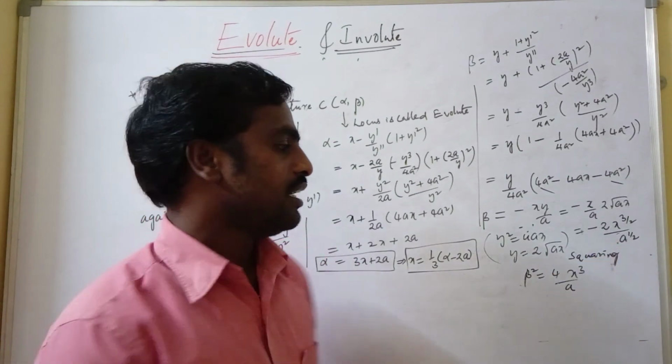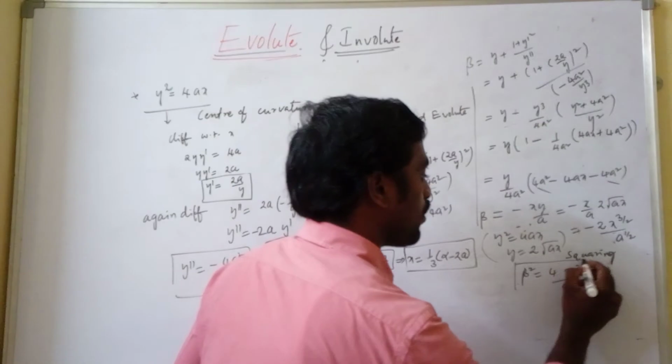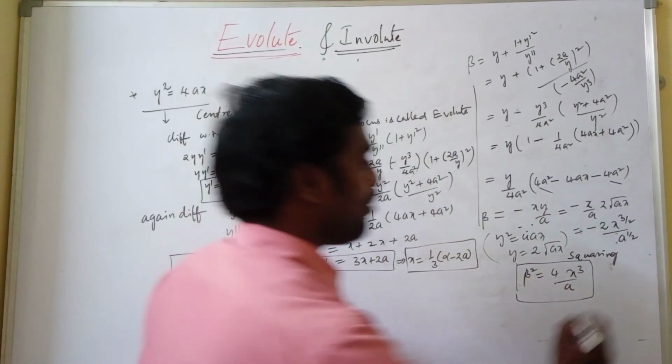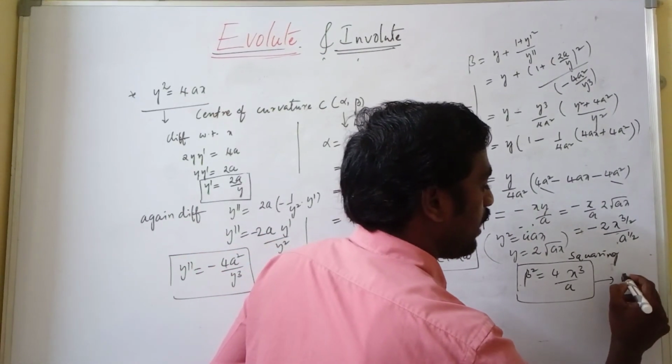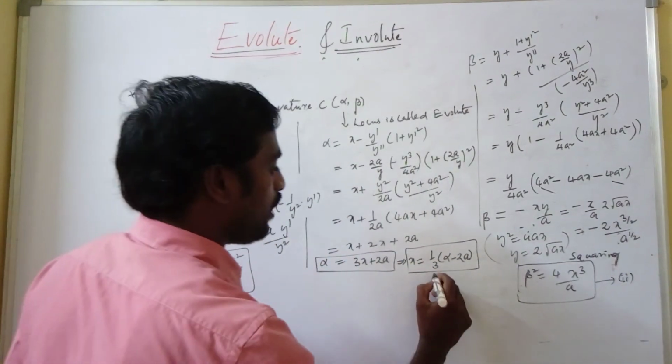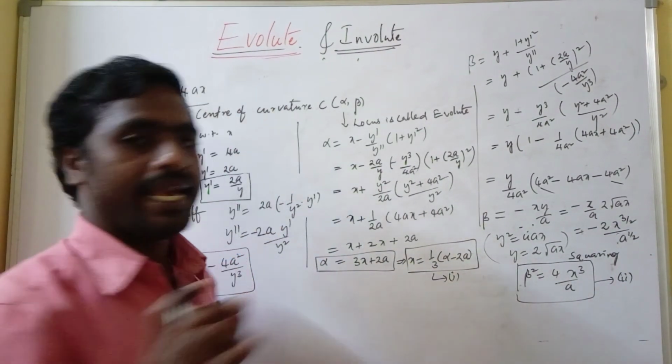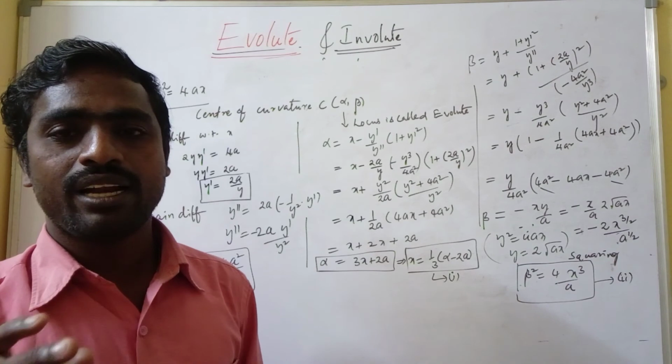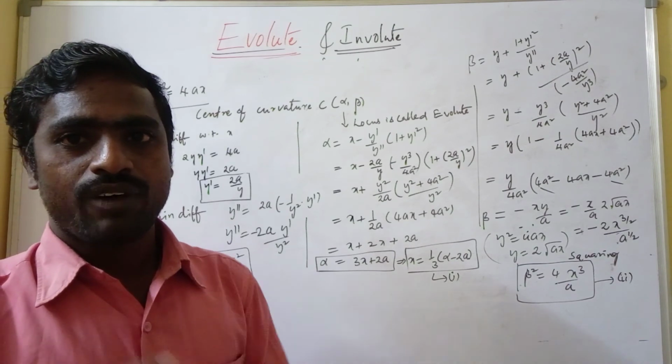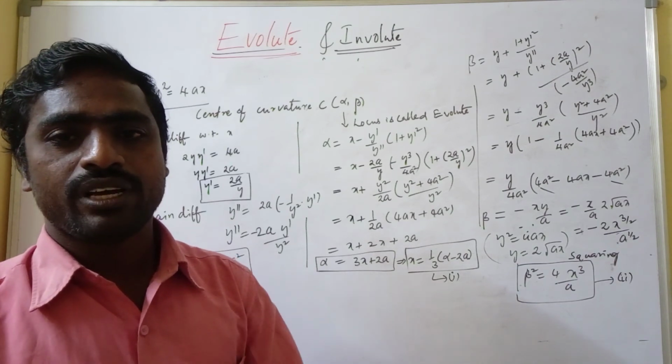Finally, you get a, which is the beta square. From equation 2 and 1, eliminate x. So you get one equation, and for that equation you can write the locus.